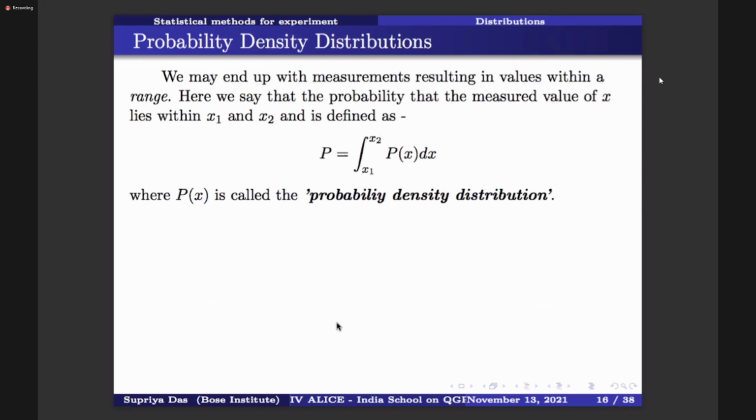Now, when you have a large amount of data sample, you introduce another quantity which is called the probability density distribution. Why is it called so? You will realize we may end up with measurements resulting in values within a range.